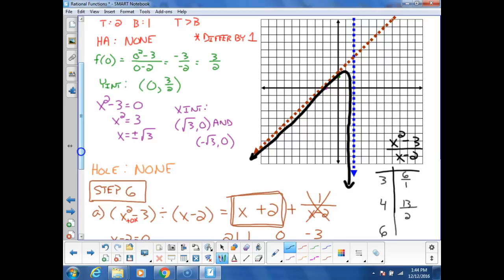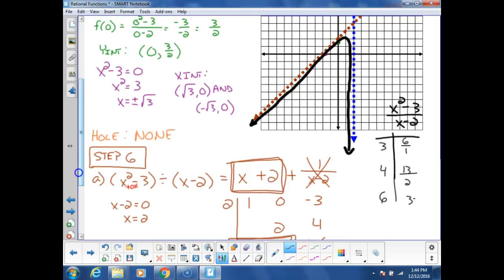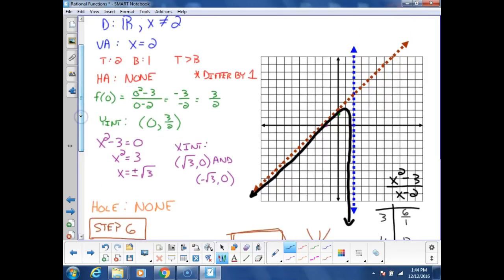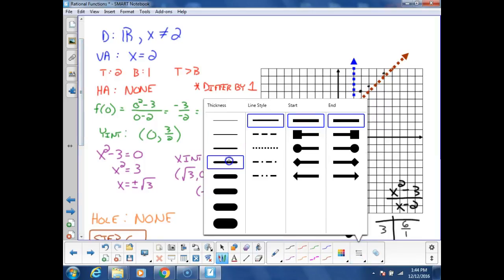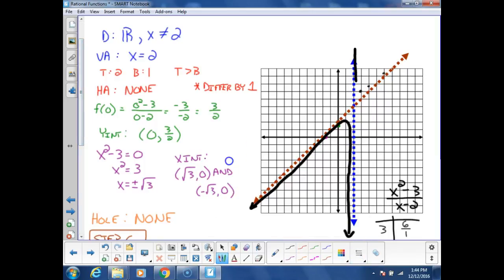If I put 6 into my function, I get 33 over 4. 6 over 1 is 6. 13 over 2 is 6 and a half. 33 over 4 is 8.25. So that tells me that this side of my graph goes like that.